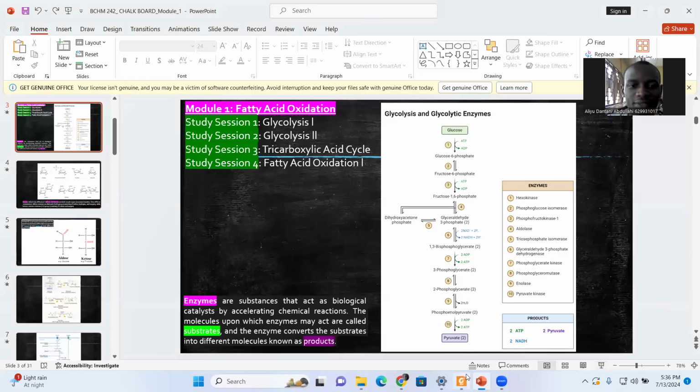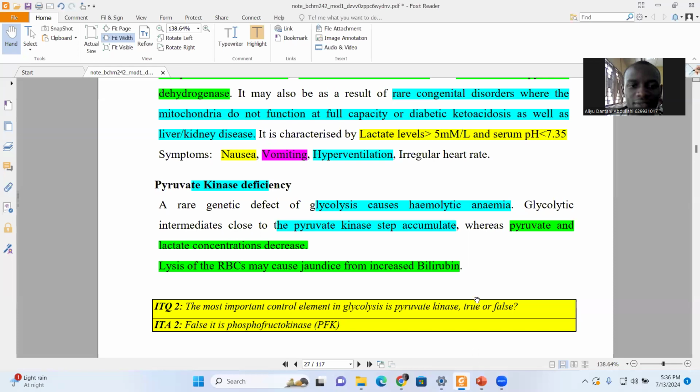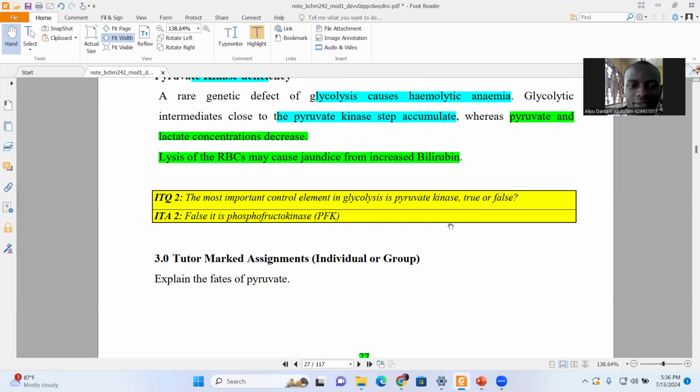Right? It's not. So as these compounds accumulate, of course, the endpoint will probably be the lysis of your red blood cells, jaundice, and other complications, which is not very good for the whole cellular health. So I think it makes sense, right?